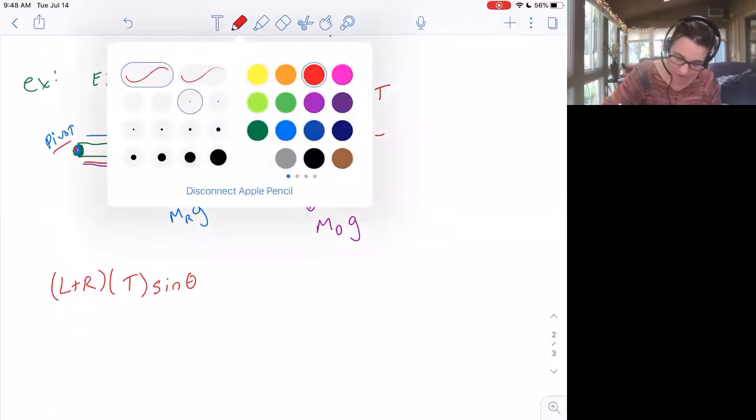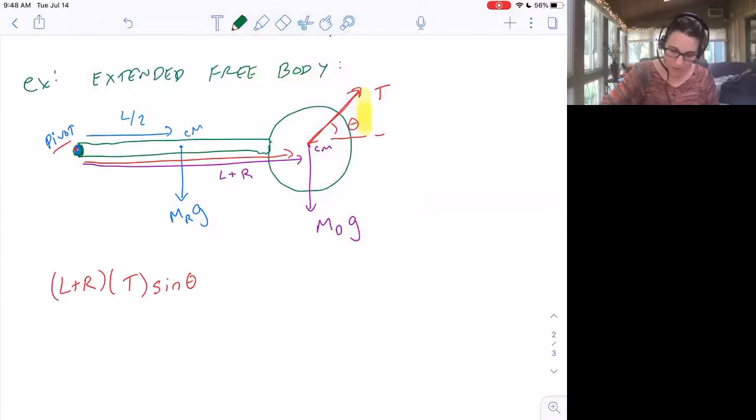And then I have my downward torques from these other terms. So for example, for the mass of the rod, you can notice that it's already perpendicular, because the rod is horizontal in this vertical gravitational field. So then I'm going to have minus L over 2 times m_rod g.